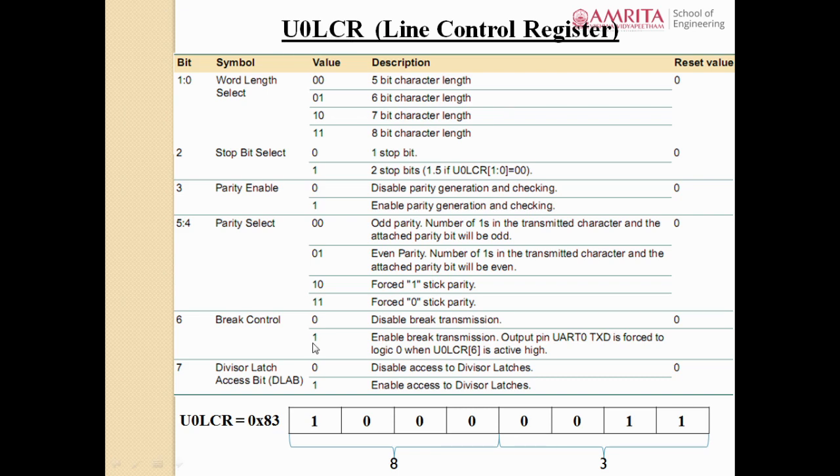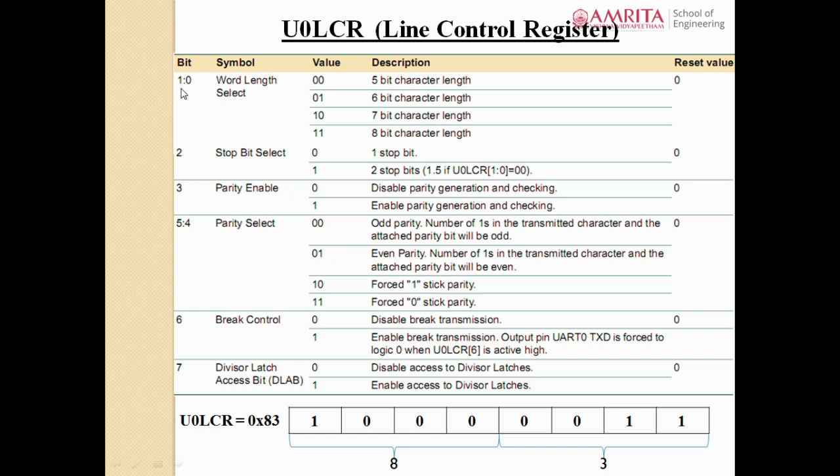In this register, how many bits is it? I told you it is a 32-bit microcontroller, so all the registers will be 32 bits in size. But you will not be configuring all 32 bits. Based on our application or functionality, we will configure only certain bits.